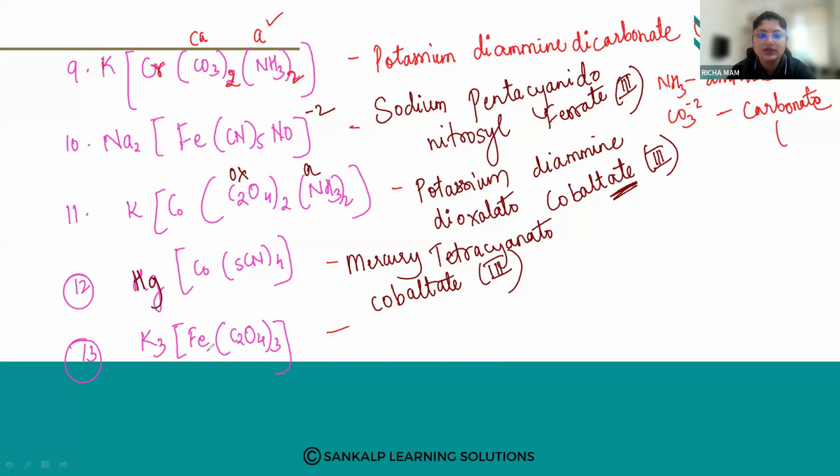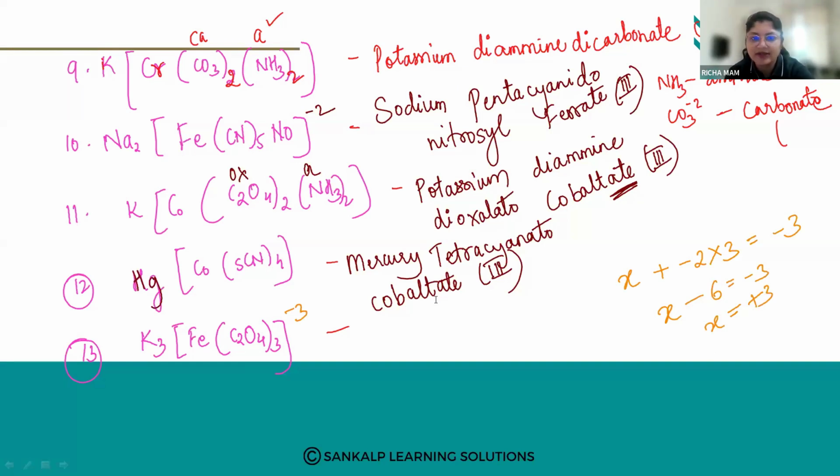Last one. Again, you have oxalate only. Okay, C2O4. So Fe X plus charge is -2 into 3. 3 oxalates are there equals to charge. If we remove K3, it will be -3 here. So X minus 6 is equals to -3. X is equals to +3. So if you solve, it will become +3. So what is the name?